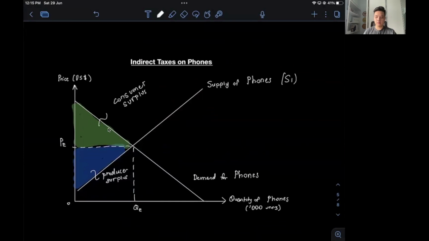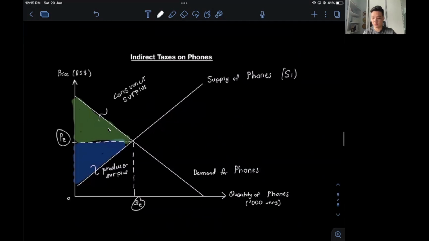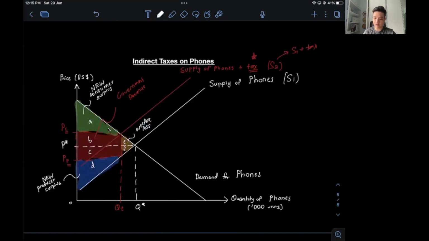So how do taxes affect different stakeholders, and how does this influence the distribution of resources in the market? Well, let's think about this in terms of the different stakeholder groups and how we can reflect these in a diagram. Before the taxes were imposed, there's just a normal equilibrium price and a normal equilibrium quantity. Consumer surplus is reflected as a green triangle, while producer surplus is reflected as a blue triangle. Now, this is what happens when there is an indirect tax imposed on the free market.